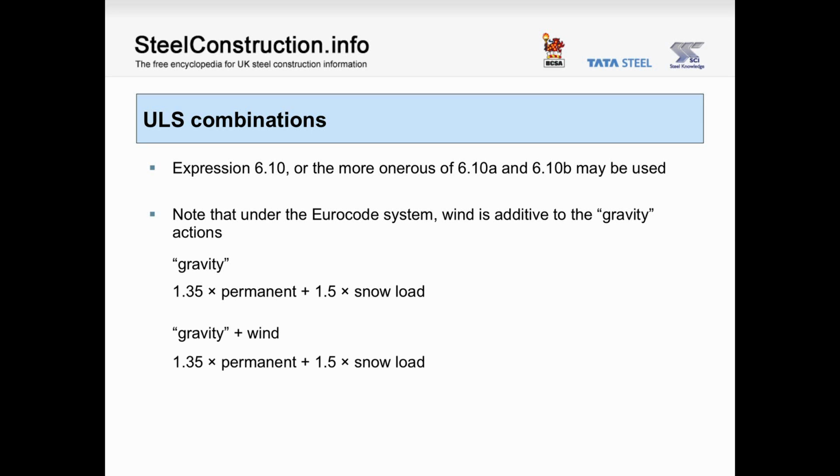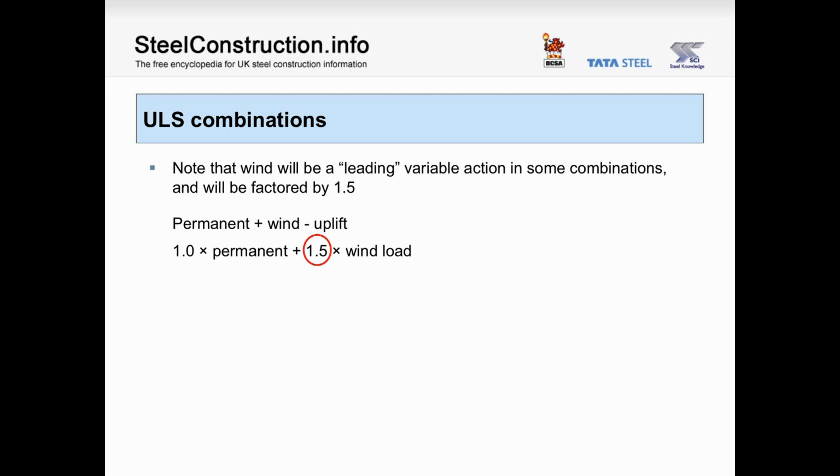When we add wind into that combination, it's still 1.35 times the permanent actions plus 1.5 times the snow load. So the wind load is additive. It's factored by a load factor of 1.5, but also by a psi factor, which is a reduction factor and is specific to the type of load.